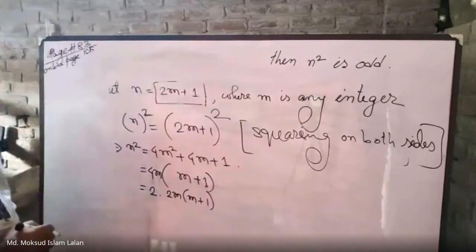So again you can write actually 2 times 2m(m plus 1). Can I write this? Yes.